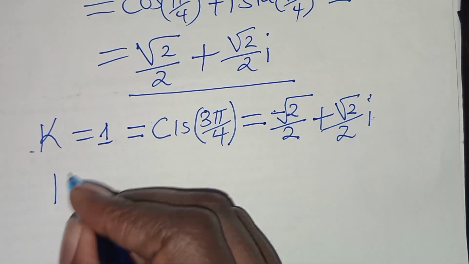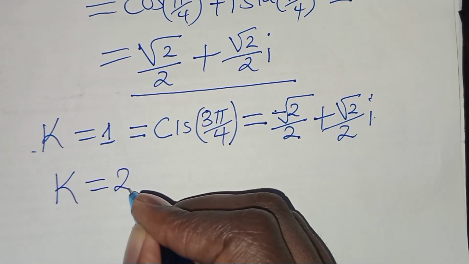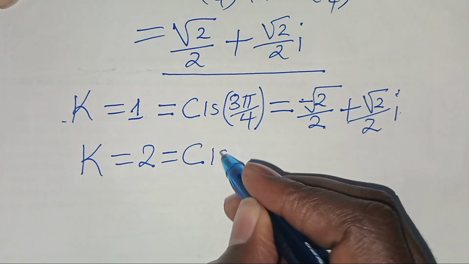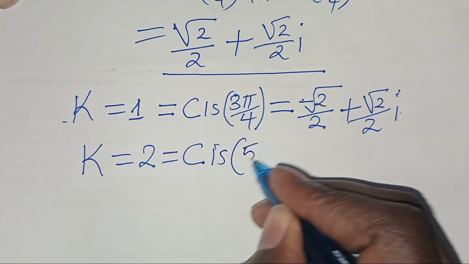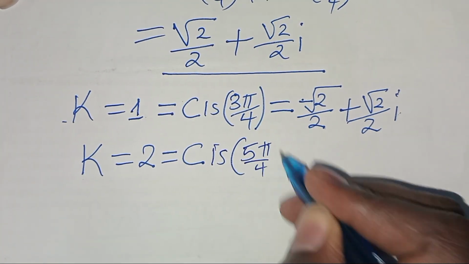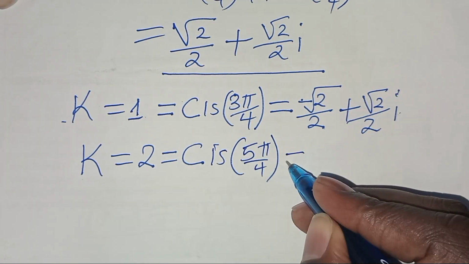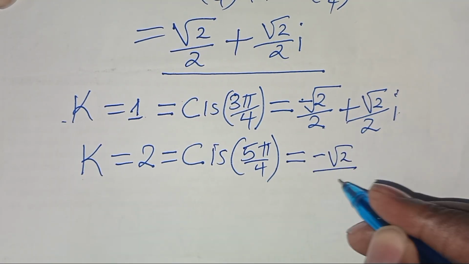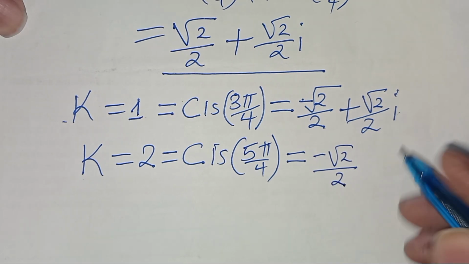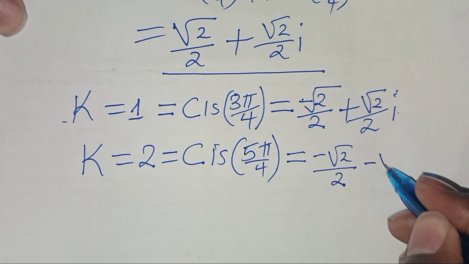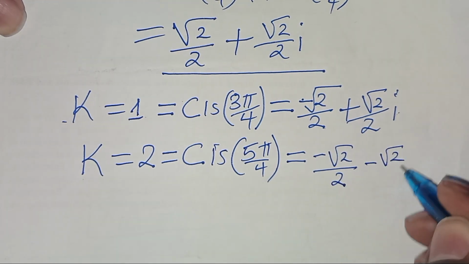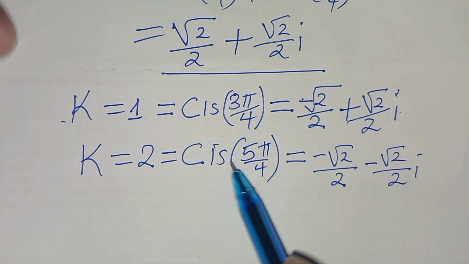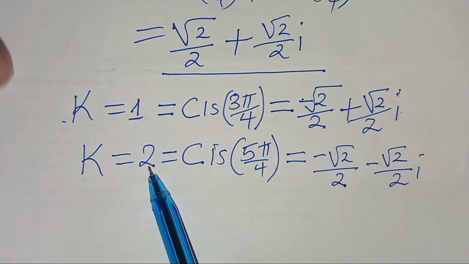When k is equal to 2, cosine plus i sine of 5 pi over 4 is negative square root of 2 divided by 2 minus square root of 2 divided by 2 i.